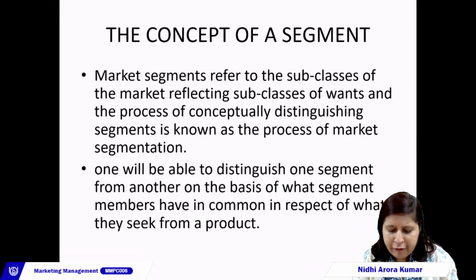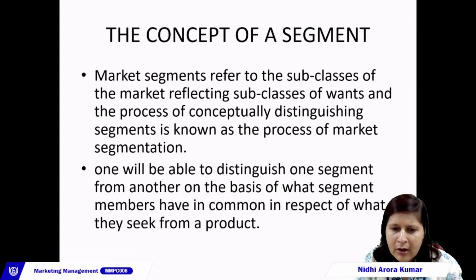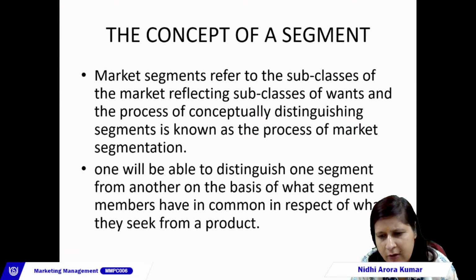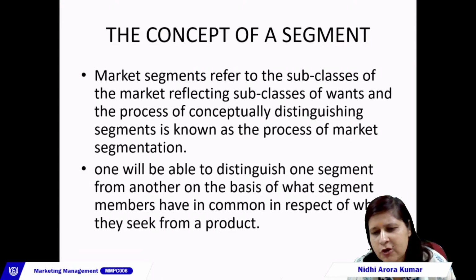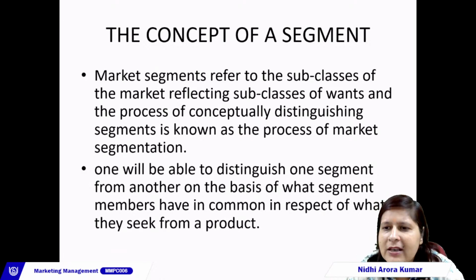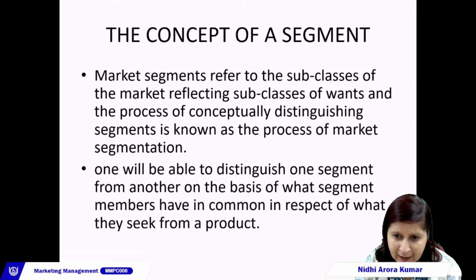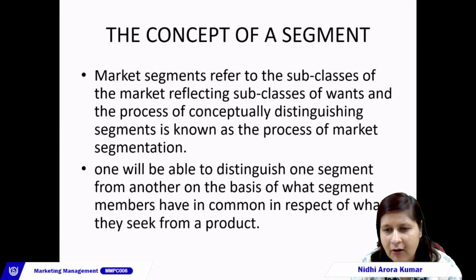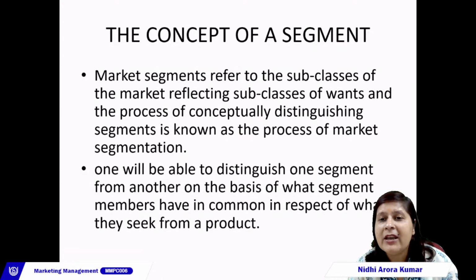When you make a group of people who are looking for the A attribute, the next group could be those looking for the B attribute, and the next group those looking for the C attribute in a product, then these groups are known as segments. Now we have divided the market into groups or subclasses on the basis of their common needs and wants, right?